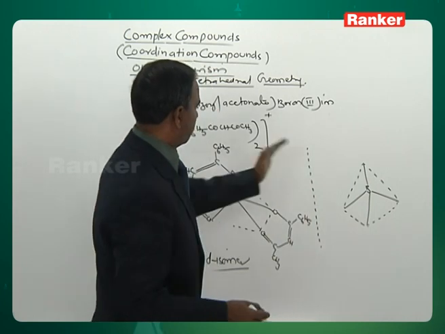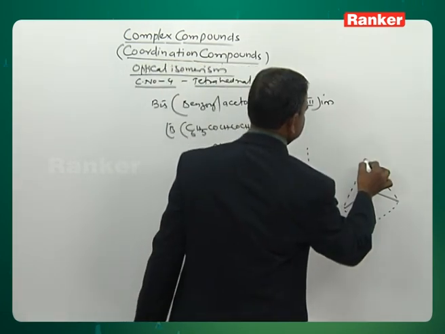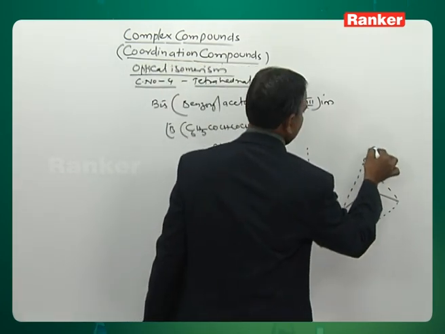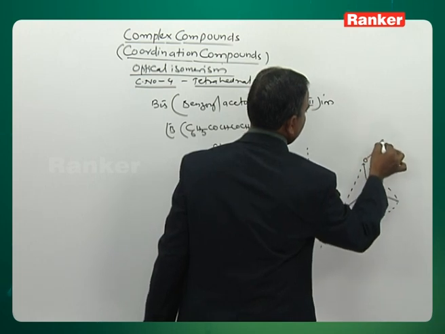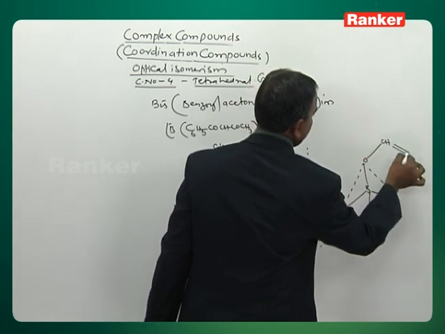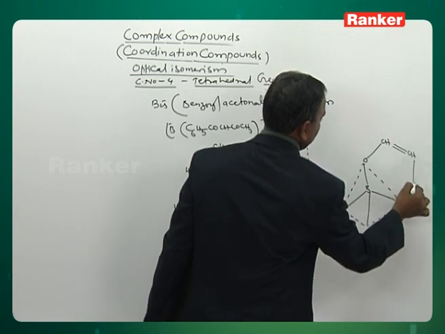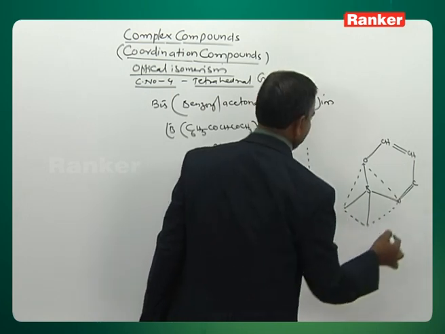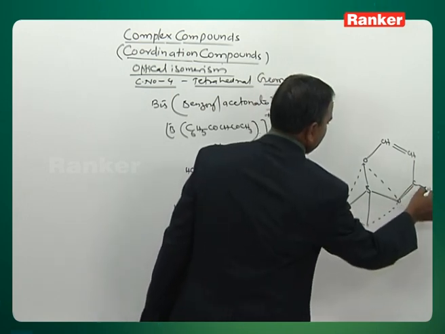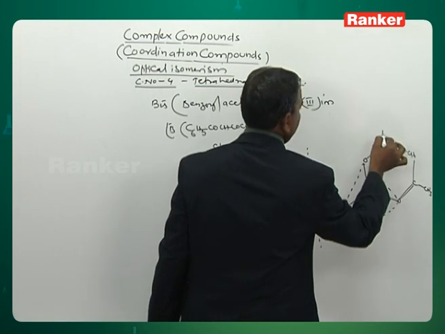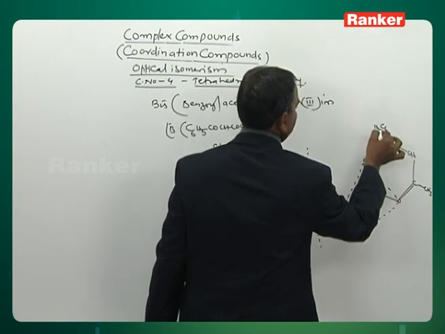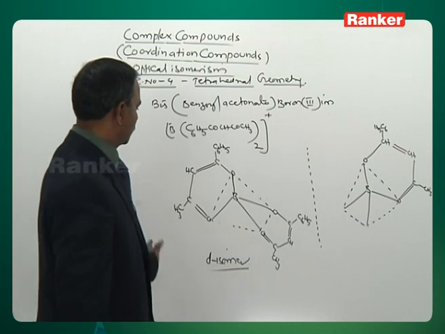I am writing the same on that side: CH double bond, single bond, then C double bond O, then CH3, C6H5.